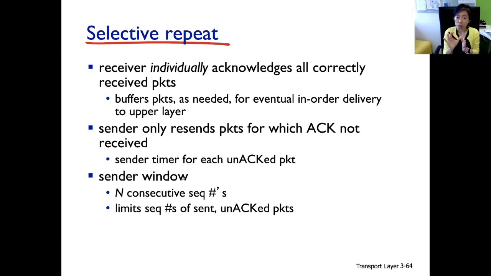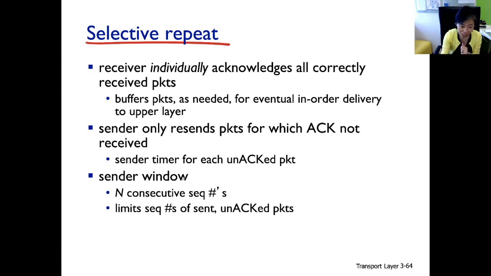Now, be a bit careful in selective repeat though. What we are limiting there is the sequence number of the unACKed packets. So what is the maximum sequence number there can be unACKed, as opposed to in Go-Back-N, where we say N is the number of unACKed packets.